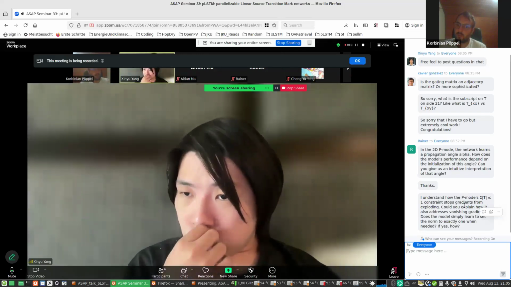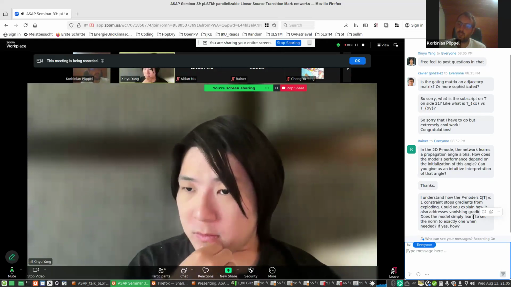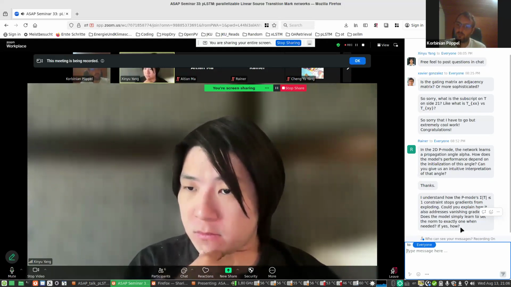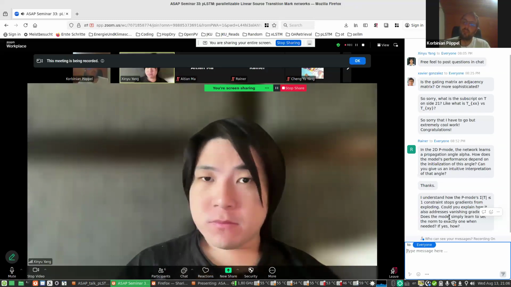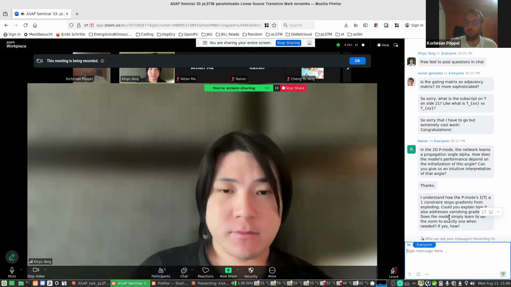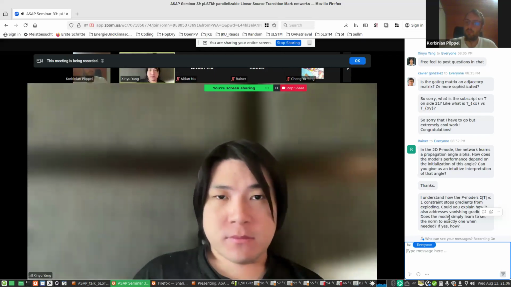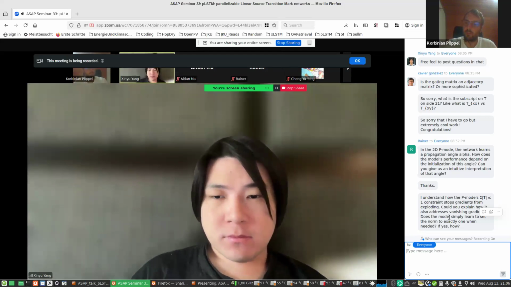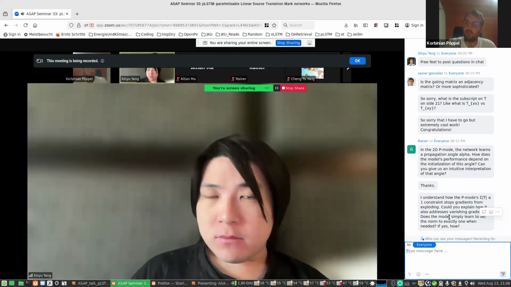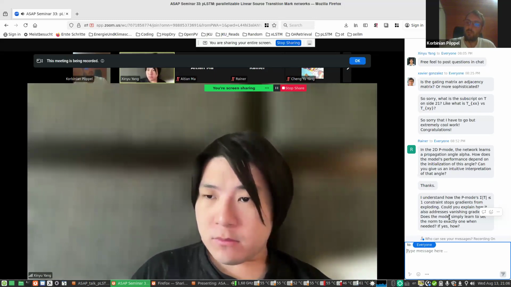P mode constrains subgradients from exploding. Could you explain how it also addresses vanishing gradients? I will repeat the question for the audience: could you explain how the P mode addresses vanishing gradients?